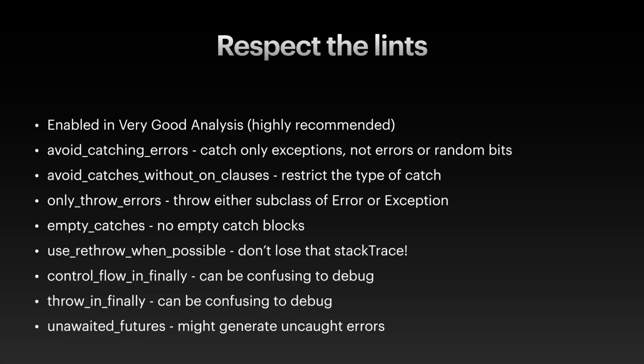Use rethrow when possible. Again, reminds you to rethrow to preserve the stack traces. And others like control flow in finally and throw in finally help avoid confusing and potentially problematic code in finally blocks. Unawaited futures can help catch potential asynchronous errors that might otherwise go unnoticed. Seriously, enable these lints. They will catch many common mistakes.